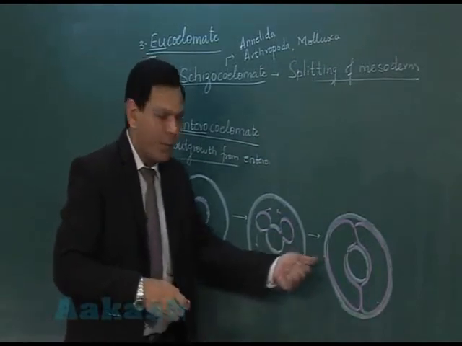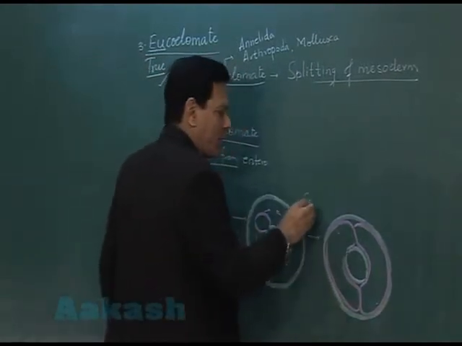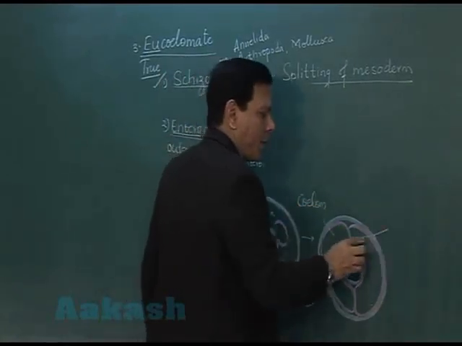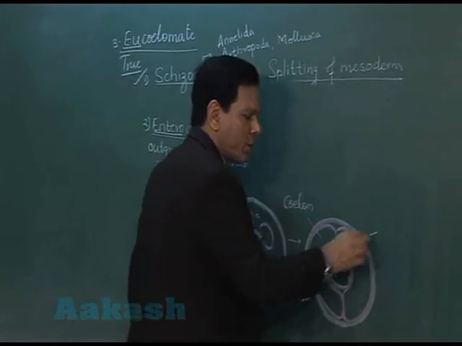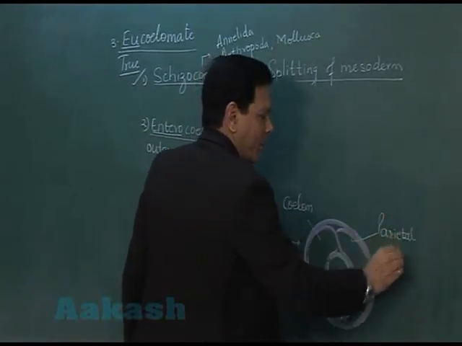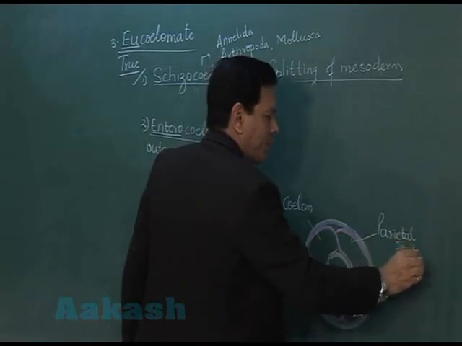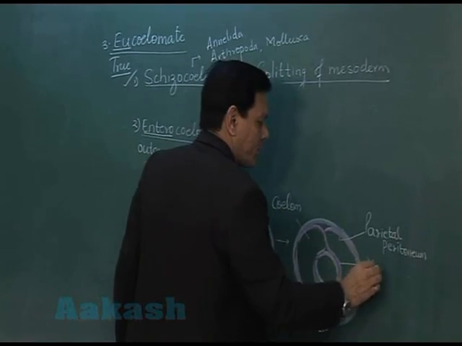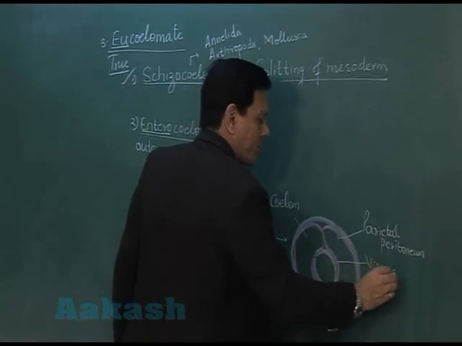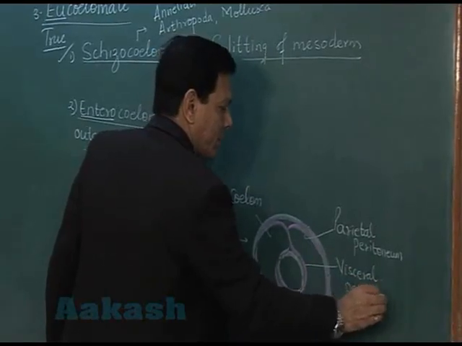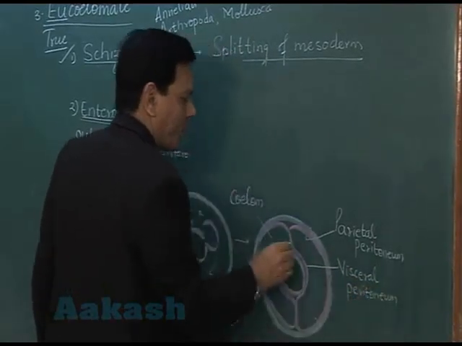Ultimate बन तो वही गया. तो ये कैविटी कौन सा हो गया? This cavity is again coelom. और इसका क्या नाम बताया था? अब तो याद हो गया होगा. This one is parietal peritoneum, and this one is visceral peritoneum. और ये क्या था?